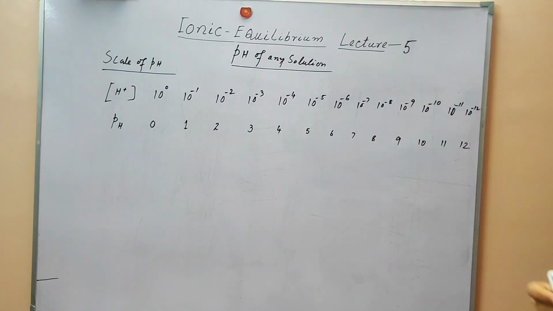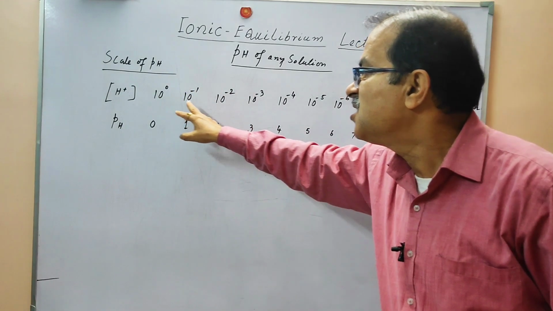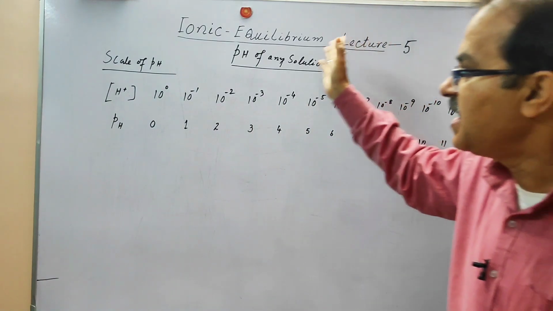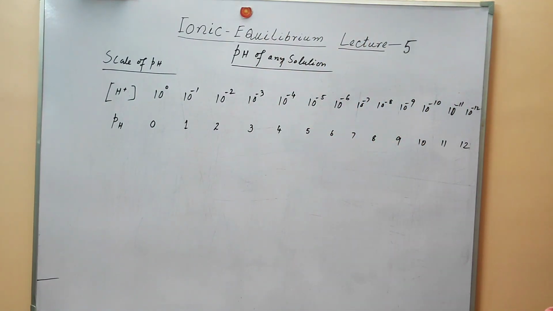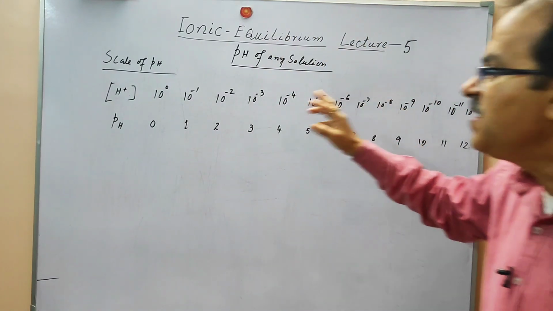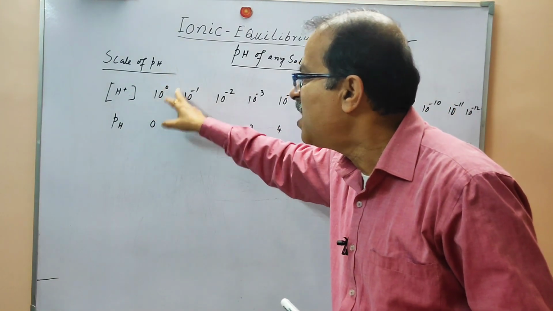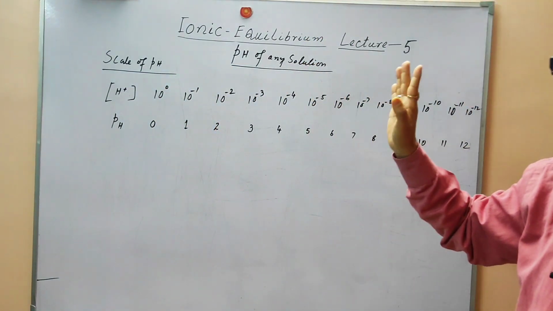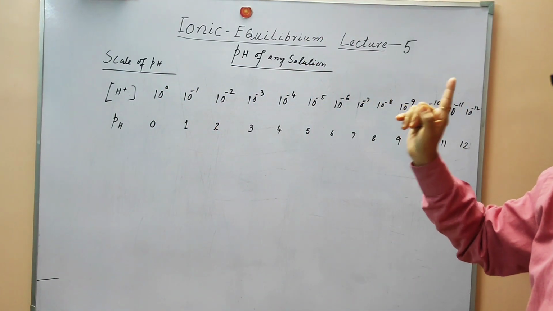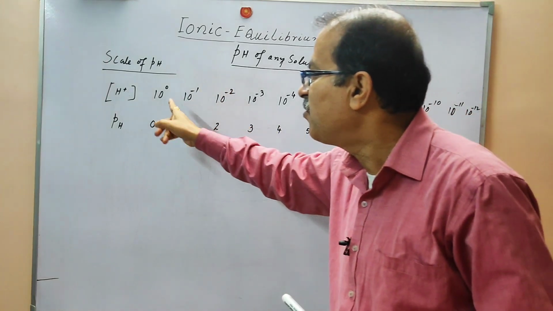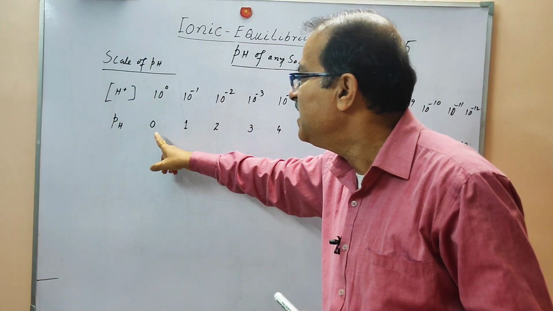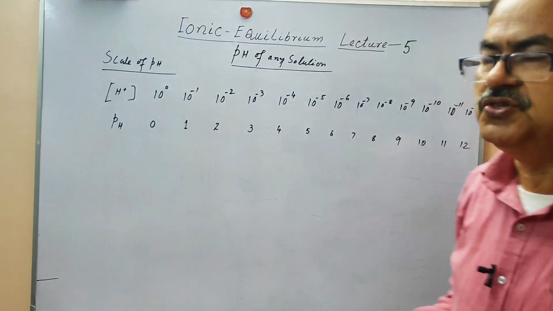This is a pH scale; you can easily understand, and it is very important to understand that this is the concentration of H plus ion and, against this concentration, what will be the pH of the solution.